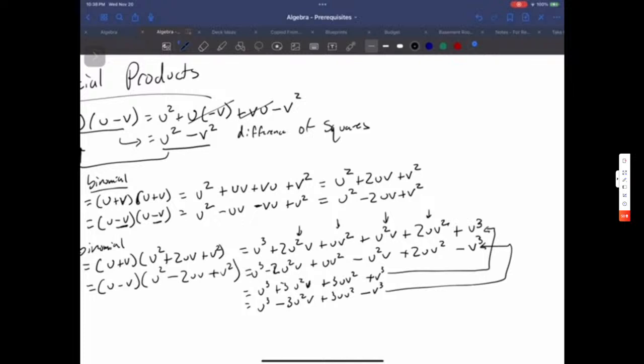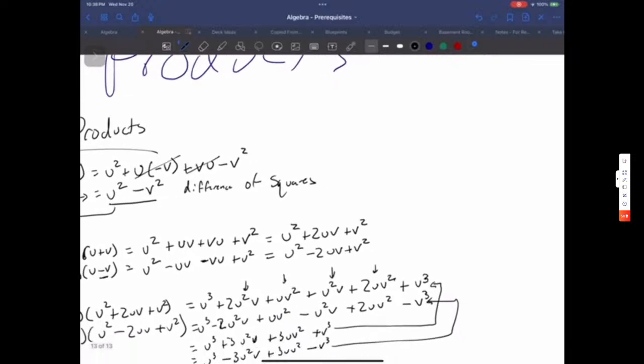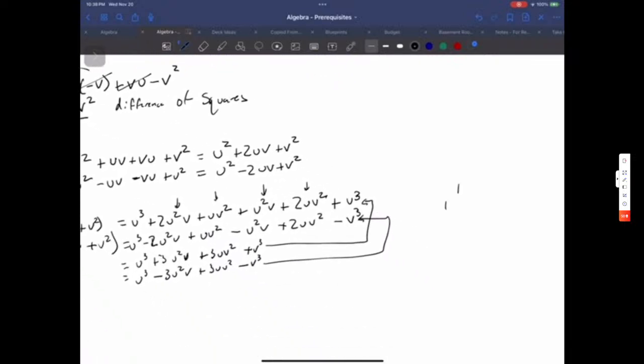If you keep doing this, I don't know if they talk about it, but you can use Pascal's triangle. That's just a little trick. You can get the coefficients of the square, the cube, the fourth power of each of the polynomials.